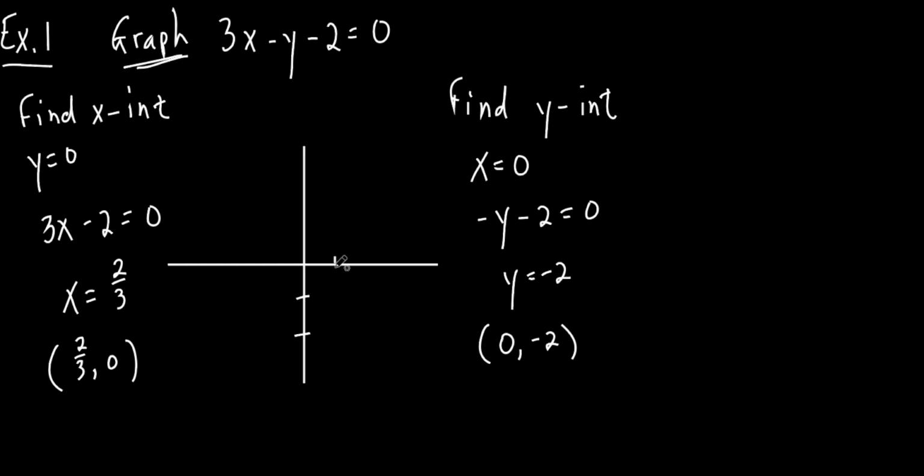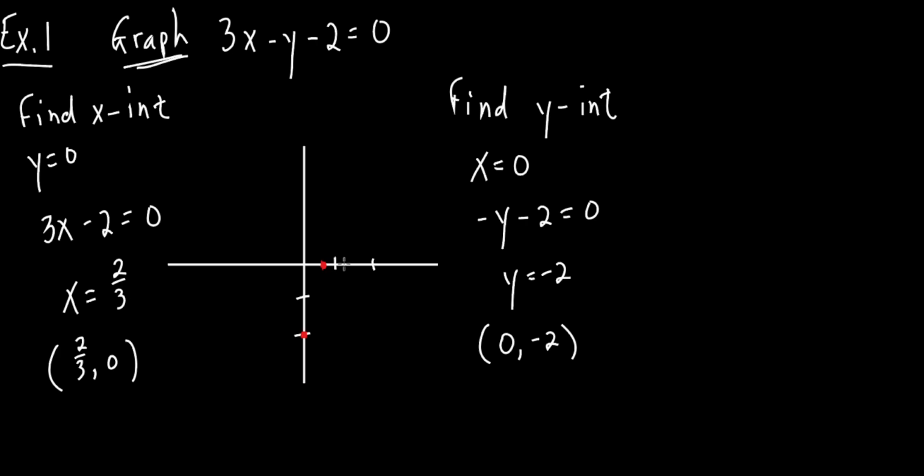I'll just put a 1 and a 2. Do I really need to fill in the other ones? Not really, because I just need to know where my y-intercept and x-intercept are. So now I can plot the points. The first one is 2/3, 0. So there's 1. I didn't even need that 2 there, did I? So 2/3 is probably about right there. That's 2/3, 0. That's the x-intercept. The y-intercept is 0, negative 2, which is right here.